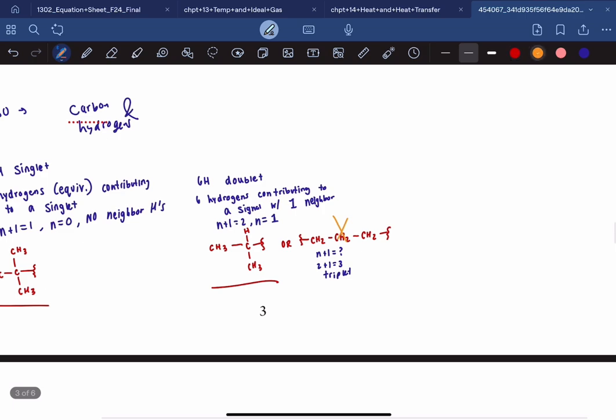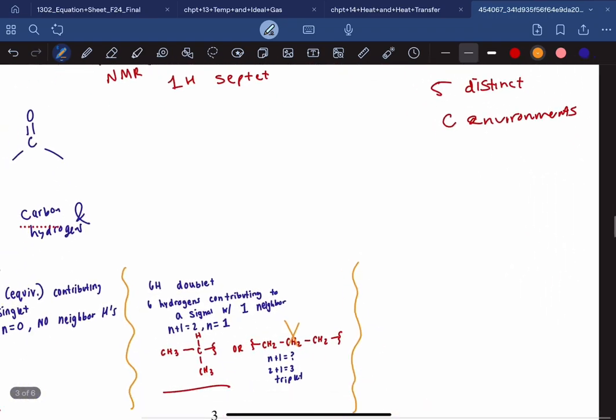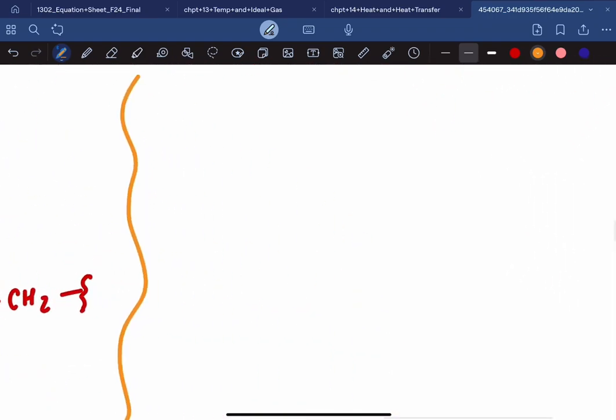And then the last NMR signal we need to do is, what is it, a 1H septet. So we have a 1H septet.